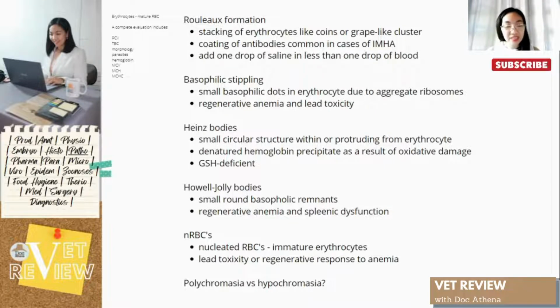Okay, and this is another sign of regenerative anemia in ruminants. On the other hand, hypochromasia is increased central pallor in the blood film due to low hemoglobin content, a sign of iron or copper deficiency. However, in ruminants, this is difficult to recognize due to the small size of their erythrocytes.